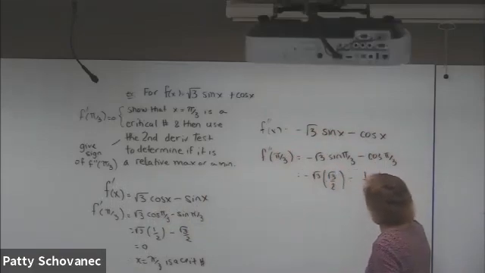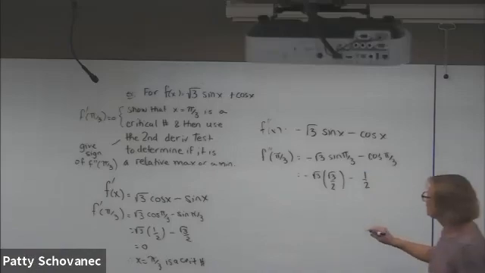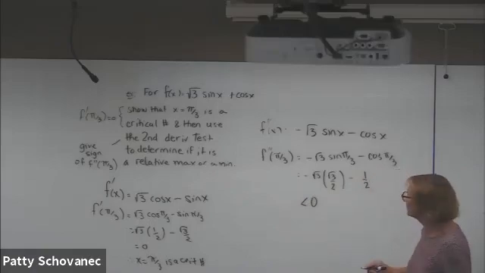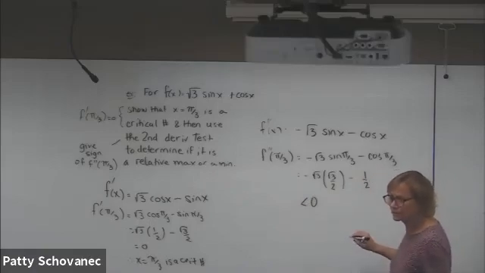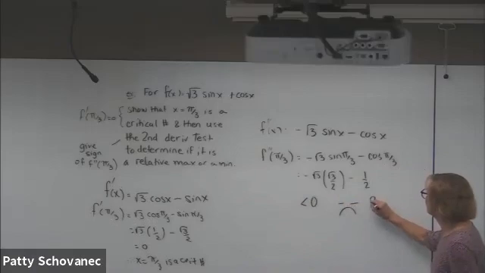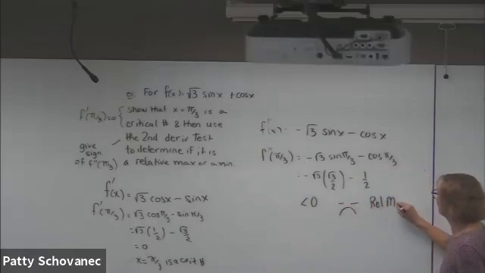Cosine of pi thirds is 1/2, but I've got a negative minus a negative. So that's going to be negative. The conclusion when the second derivative is negative: relative max, right? Two negative signs, relative max. That good?